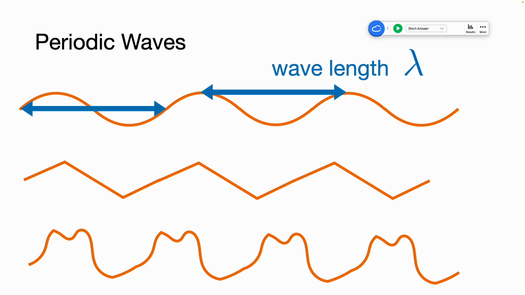You can define the same exact length from the equilibrium position to equilibrium position. They will be the same length because the whole thing is periodic. From peak to peak, middle to middle, or bottom to bottom, all these three distances will be the same if you are looking at a periodic wave. So don't worry about which one to choose.